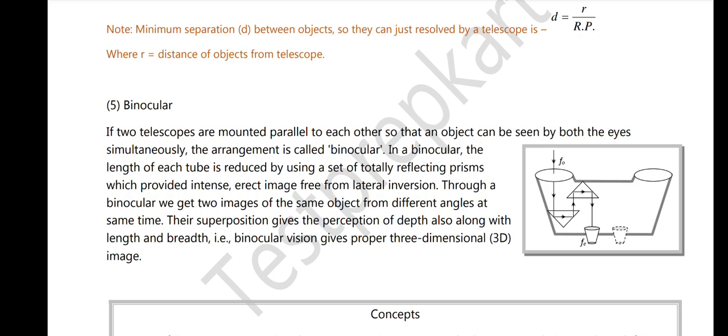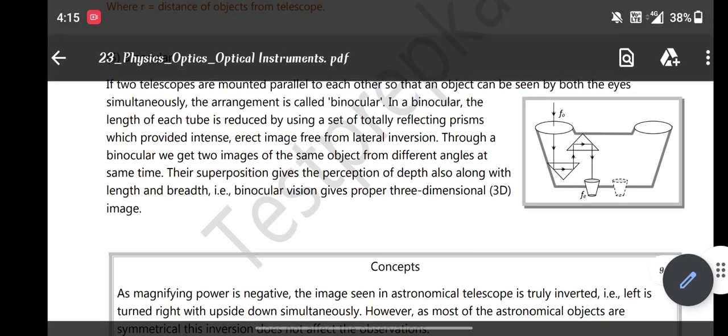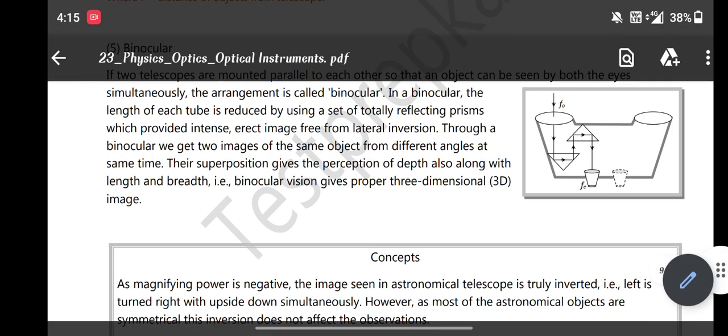In a binocular, the length of each tube is reduced by using a set of totally reflecting prisms, which gives us an erect image free from lateral inversion. Through a binocular we get two images of the same object.